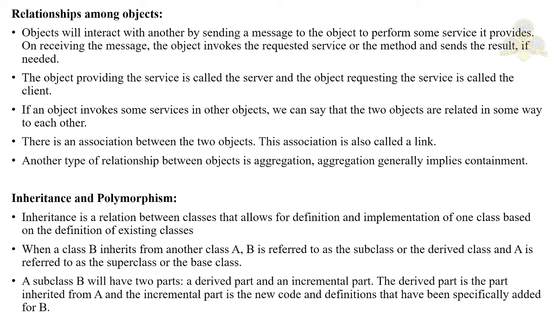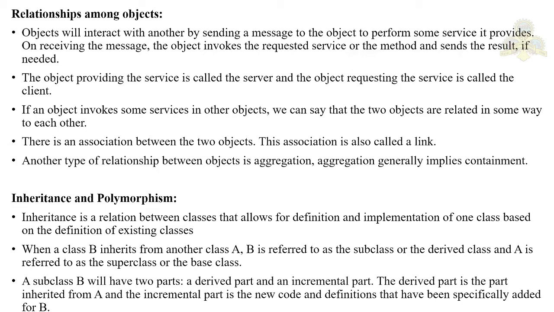They have a relationship between them. This particular type of relation we call an association, and this association is also called a link. Other types of relationship could be aggregation, inheritance, and composition.